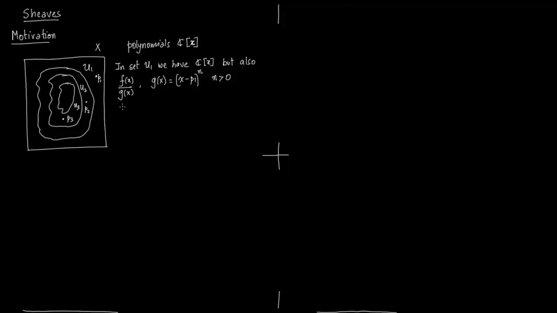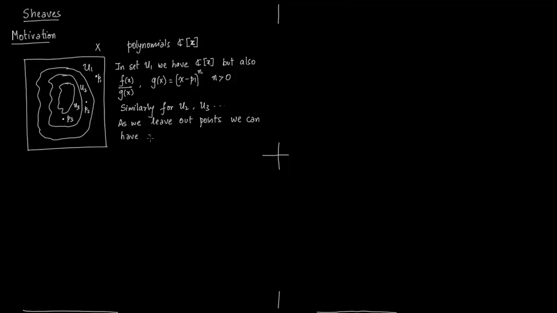So similarly for U2 you can also consider functions of the form f(x) by g(x), where g(x) is either of the form (x minus p1) raised to the power of n or (x minus p2) raised to the power of n, because both p1 and p2 lie outside U2. Similarly p1, p2, p3 lie outside U3. So you can consider rational functions here. In addition to polynomials, you can also consider rational functions whose poles are precisely p1, p2, p3.